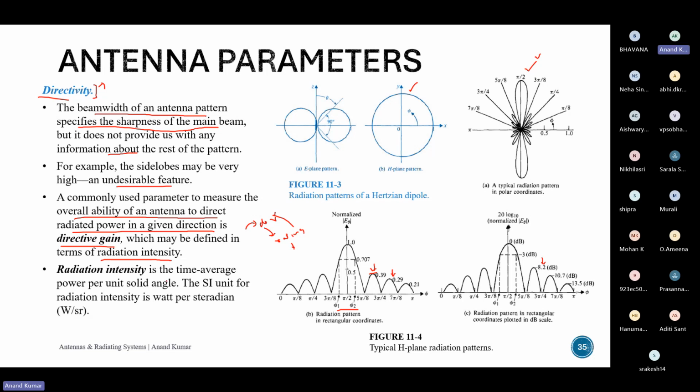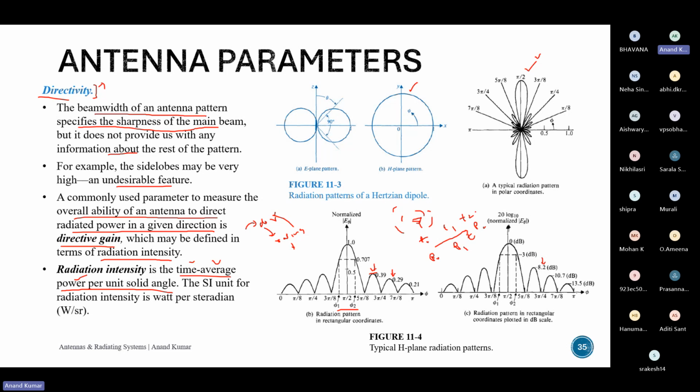Radiation intensity is the time average power per unit solid angle. Okay, too many terms at once, so we have to break them down. Time average power: there is a device which is radiating in all directions, and for example it starts radiating from time T0 to T1 to T2, radiating some power value P0, P1, P2.